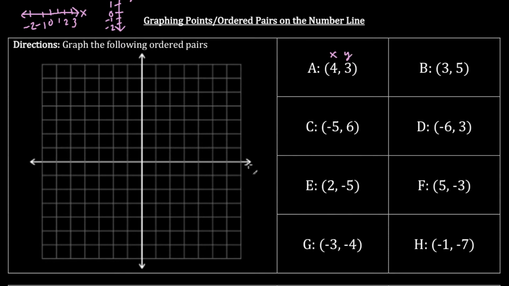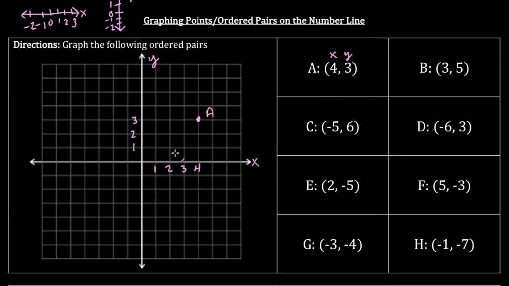So remember, this is my x-axis, this is my y-axis. So on my x-axis, I go over 4. 1, 2, 3, 4. On my y-axis, I go 3. 1, 2, 3. So x-axis, 4. Y-axis, 3. This is where A is.